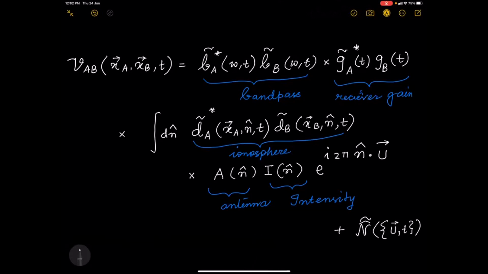Okay, so this is not quite what you call the Van Cittert-Zernike theorem. Actually, if I consider all the gain terms, so what is a gain term? A gain term is something that depends on the antenna, frequency, and time. Those are all gain terms. So bandpass is a gain term, receiver gain is a gain term, ionospheric gain is a gain term. And the way I have written the ionospheric gain here is different from the bandpass and receiver gain, because bandpass and receiver gain are outside the integral.